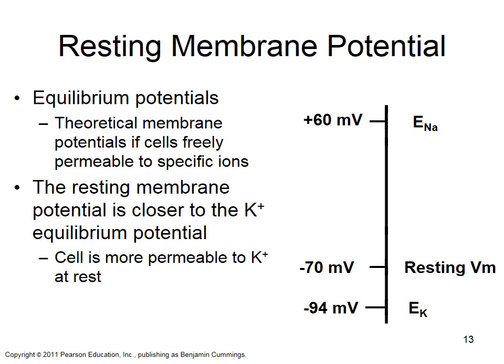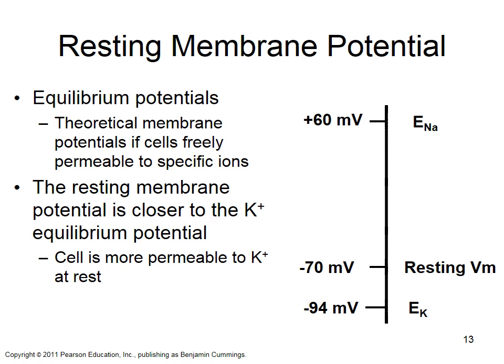Then we have 2 equilibrium potentials on this y-axis: the equilibrium potential for potassium and the equilibrium potential for sodium. An equilibrium potential is a theoretical membrane potential. It's what the membrane potential would become if the cell became freely permeable to that ion.